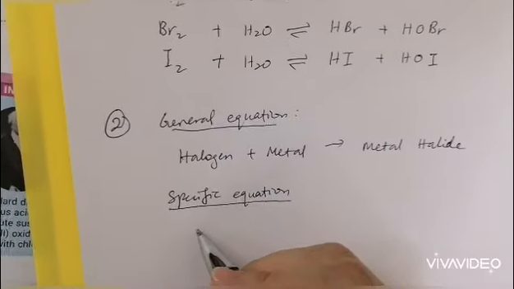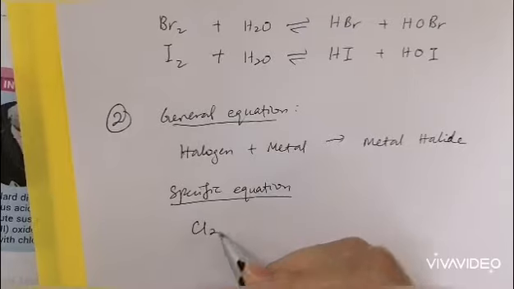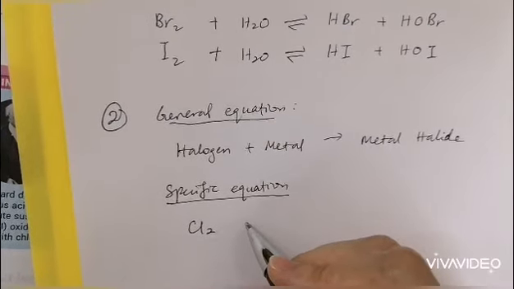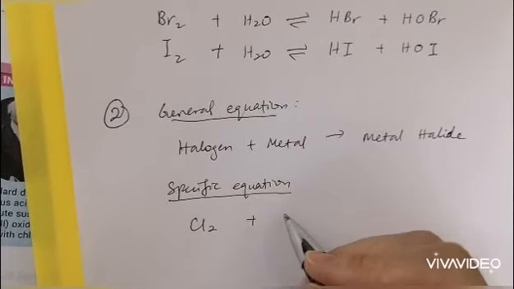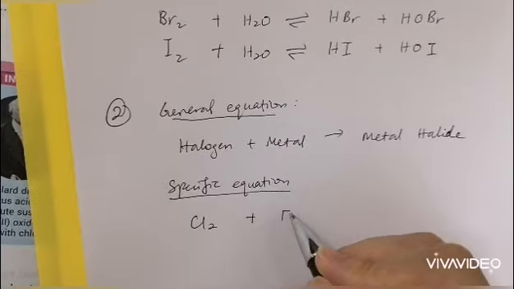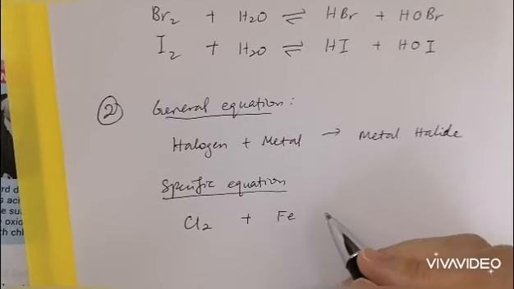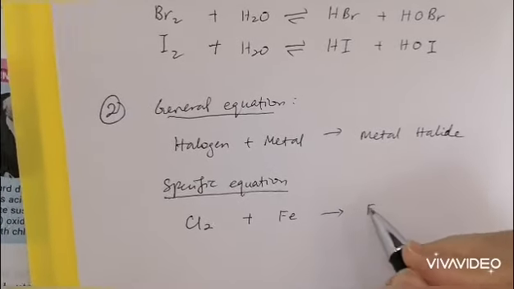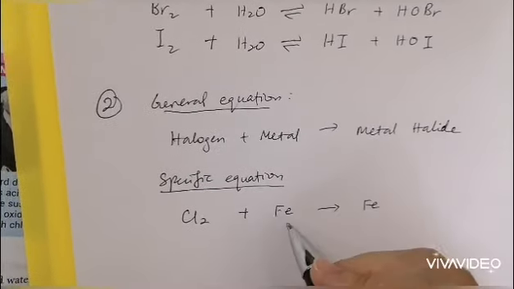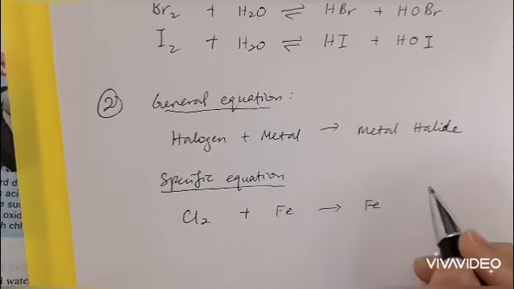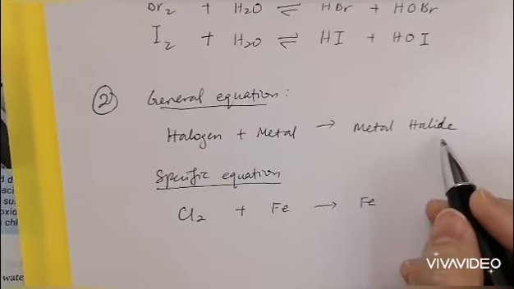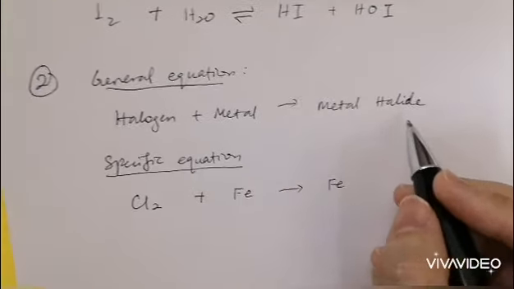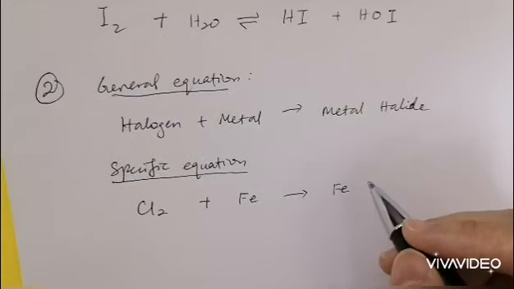We start with Cl2, chlorine, plus iron as the metal. Iron is the metal, so we have metal halide. Halide comes from the word halogen.